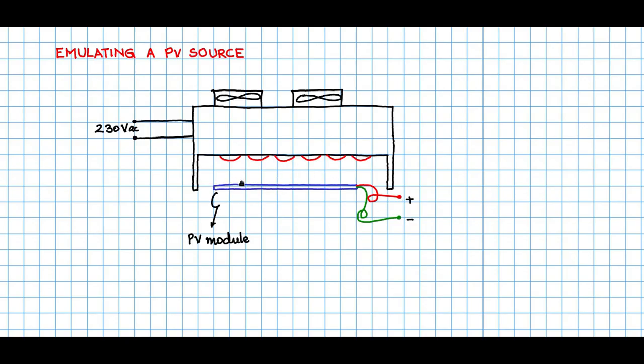You can control the amount of light that falls on the PV module by controlling the intensity and the number of bulbs that are switched. So these are bulbs that you can choose which have a spectrum as close to the sunlight as possible.